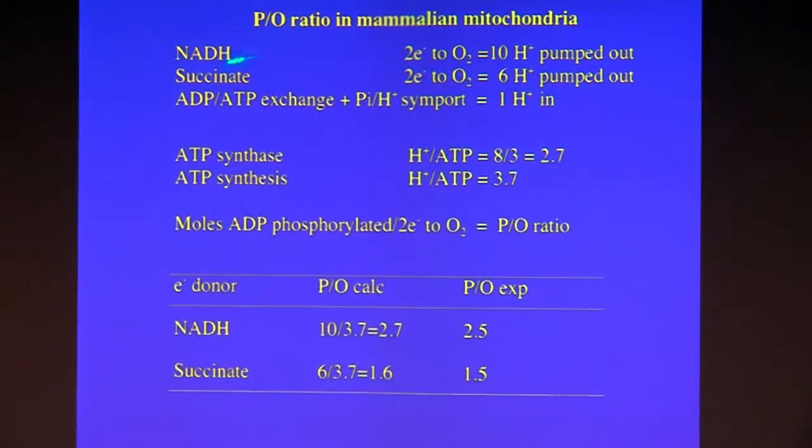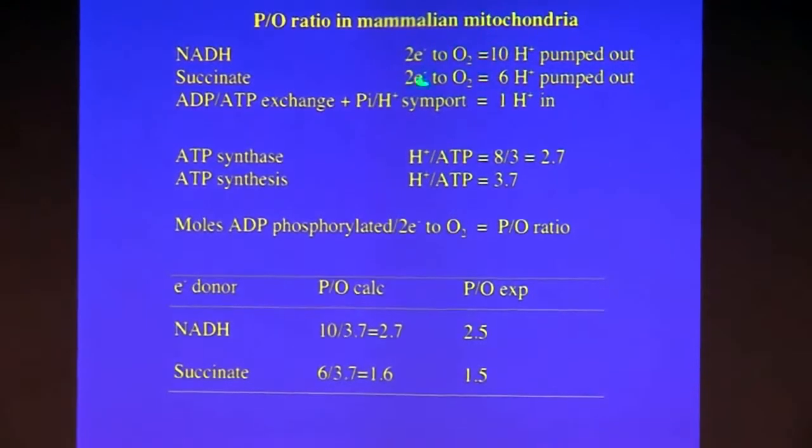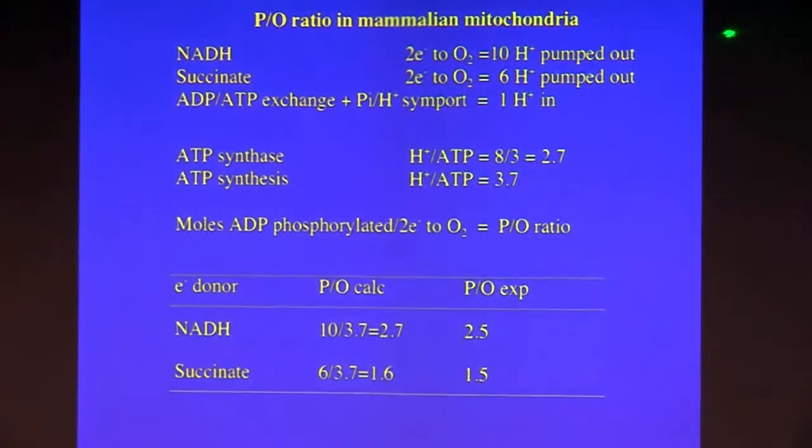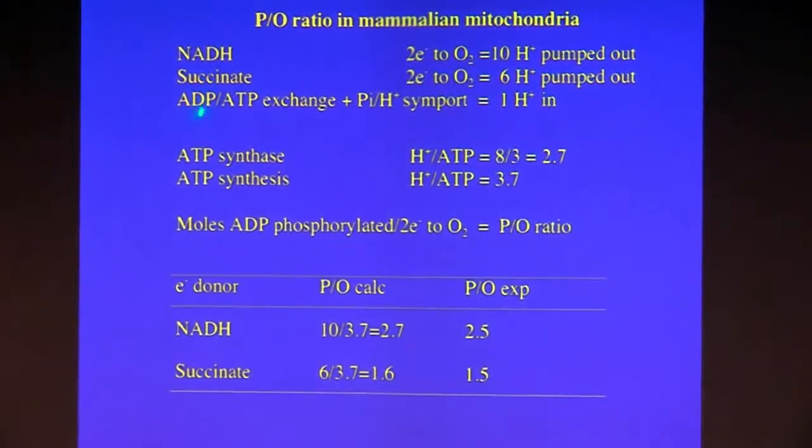So if you provide electrons via NADH and they're transferred to oxygen, for each 2 electrons transferred to oxygen, that would lead to 10 protons, according to what we know today, being pumped out of mitochondria. When you supply succinate, 6 protons are pumped out. In the case of the mitochondrion, you have to pay another proton to exchange the internal ATP for ADP.